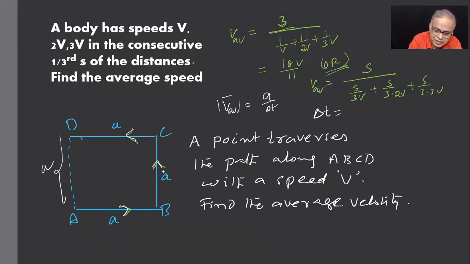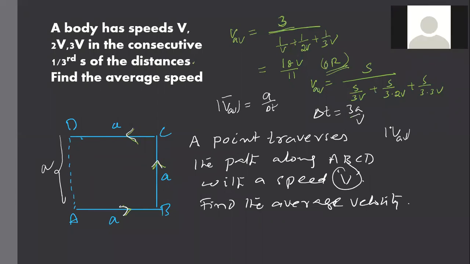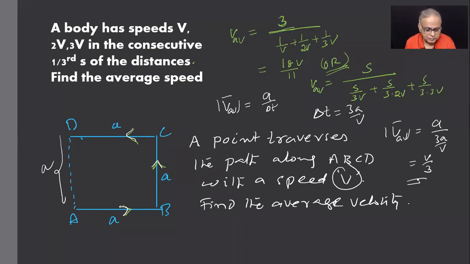A plus A plus A, 3A by V. So, V average will be A by 3A by V. How much is this? V by 3. A very, very simple question.